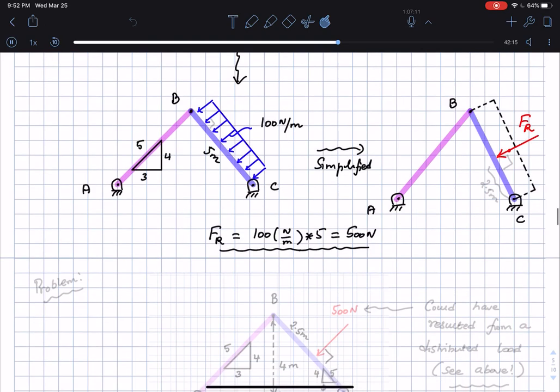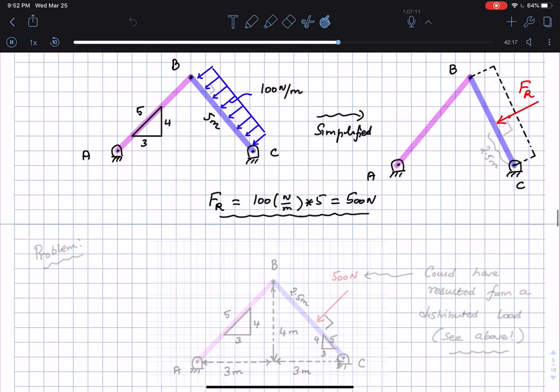This is the same as the force that you have been seeing given at the beginning of the problem. Since it is a 5 meter long distribution, this is going to be a distance of 2.5 meters, and this is going to be at an angle of 90 degrees. This is because the load intensity itself is acting at an angle of 90 degrees, as you can see from the distribution that is given on the bar BC.